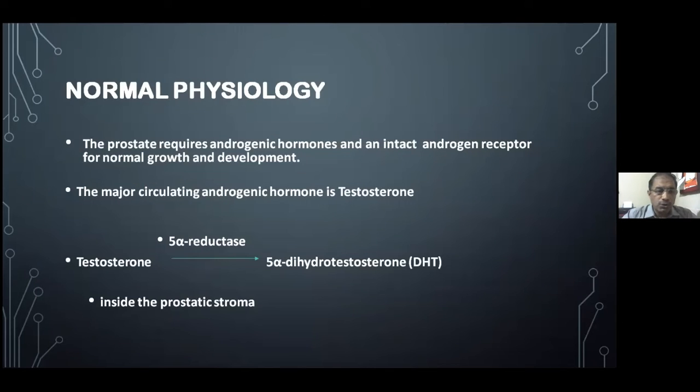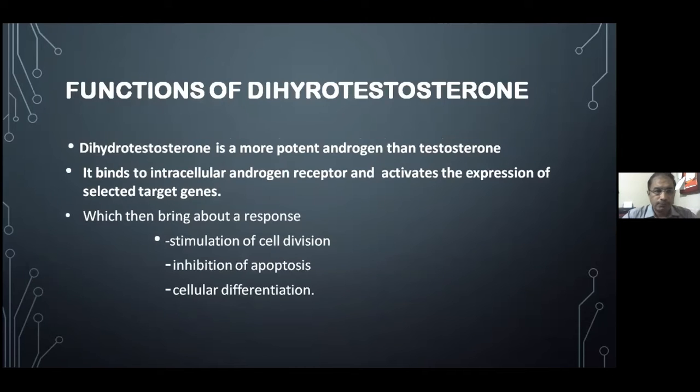What is the normal physiology? The prostate requires androgenic hormone and an intact androgen receptor for normal growth and development. The major circulating androgen hormone is testosterone, and testosterone, with the help of 5-alpha reductase, gets converted into 5-alpha dihydrotestosterone, and that is inside the prostatic stroma.